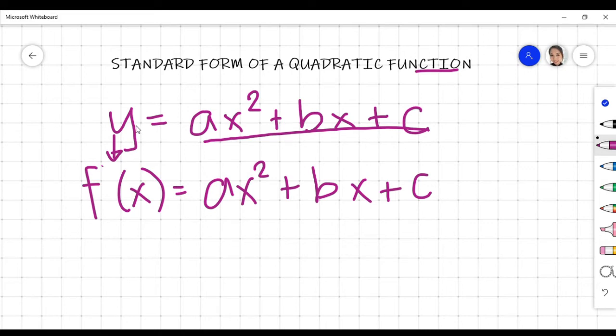So we cannot simplify the equation anymore. Suppose you have here y equals 2x squared plus 2, and you want to simplify the right side by dividing it by 2.